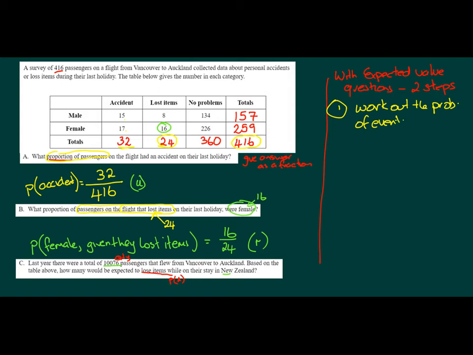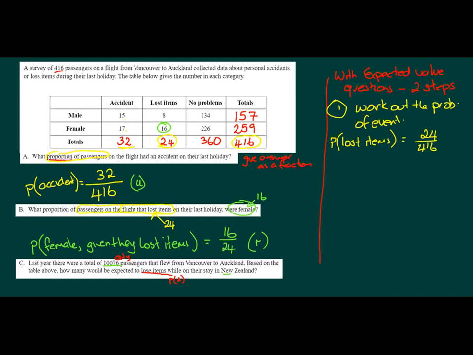In this case here, they're asking for the probability of losing items on their stay in New Zealand. So in this case here, 24 out of the 416 passengers lost items. So we would say the probability of lost items is equal to 24 out of 416. So that's the first step.